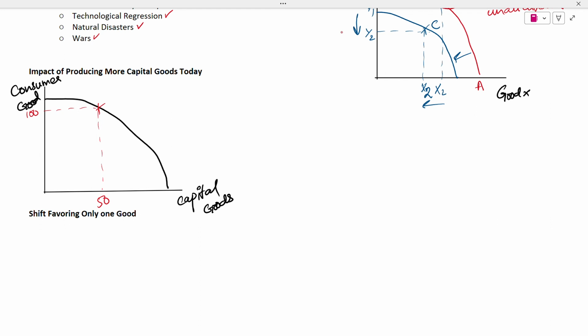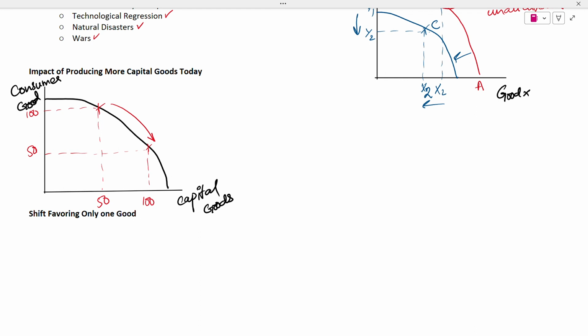Now what will happen is if the economy today reallocates resources and comes down to this point and reduces the production of consumer goods today and increases the production of capital goods. Let's say that now consumer goods are being produced at 50 units and capital goods are being produced at 100.